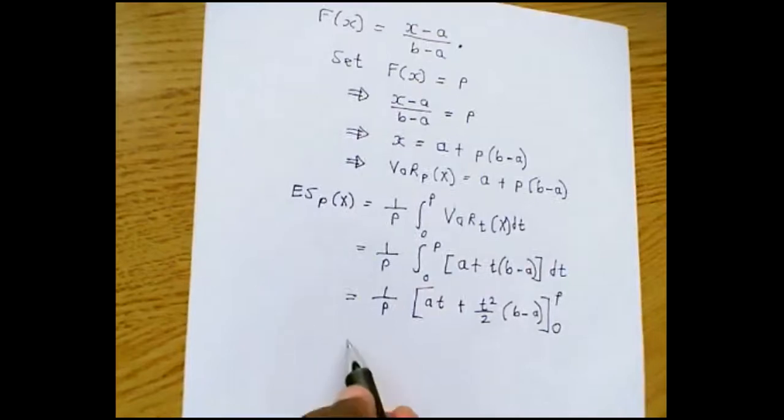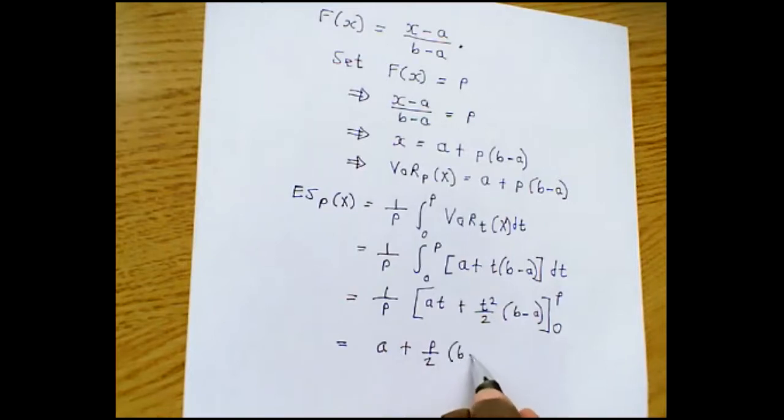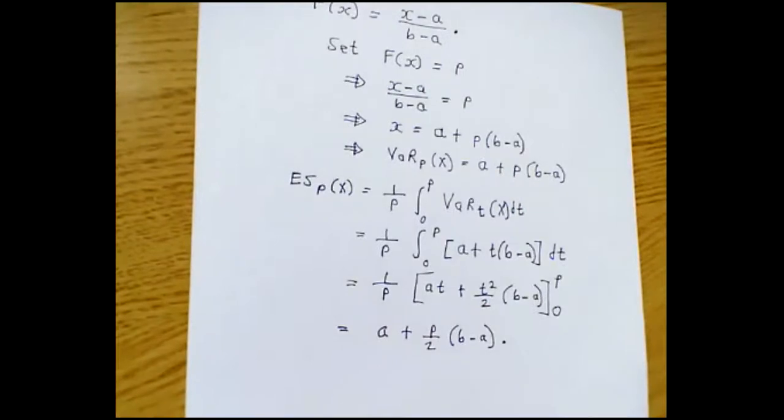After taking the limits, you get A plus p over 2 times B minus A. All right, so this is the answer for question 3.